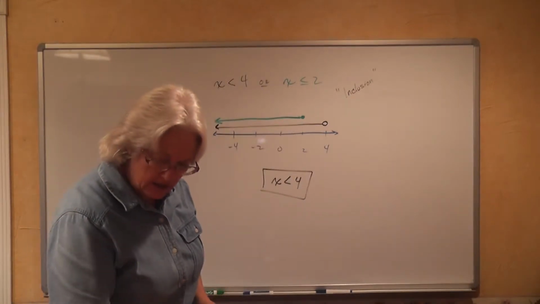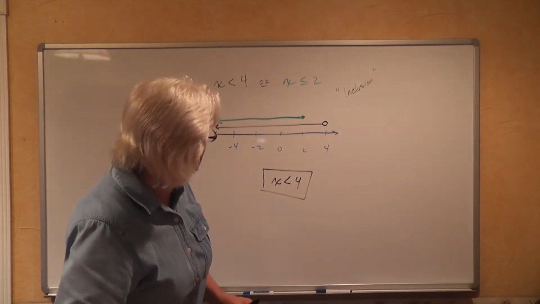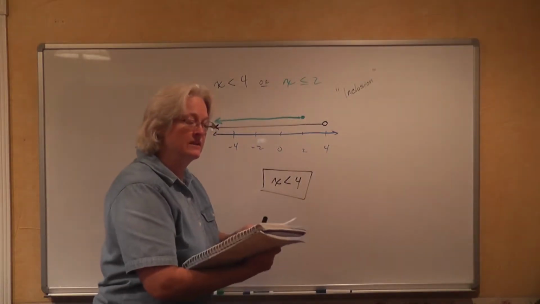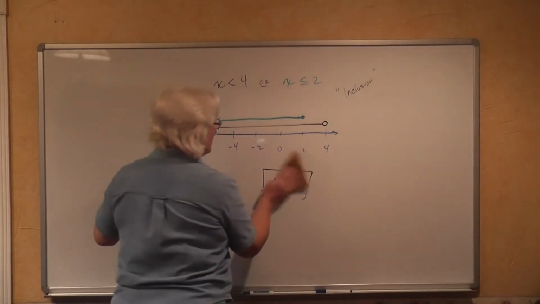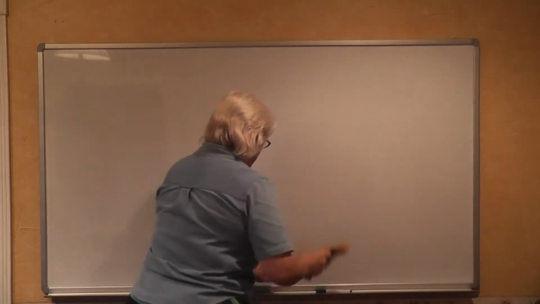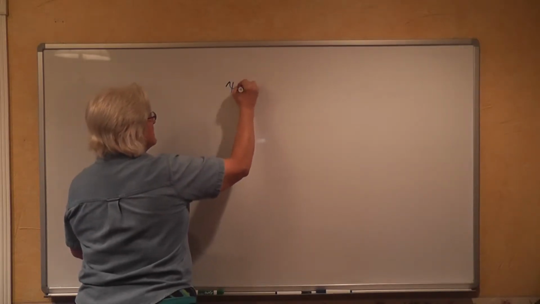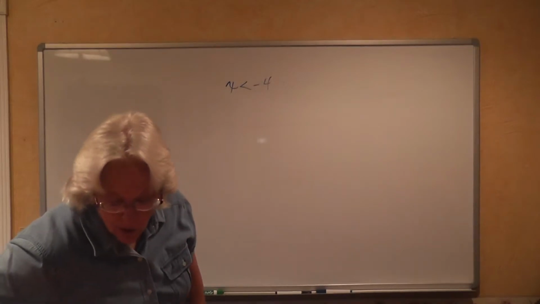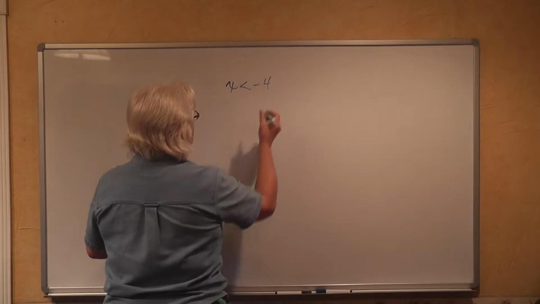Let's go ahead and look at page 198 and see what our second example says. We have x is less than -4, or x is greater than -1. So let's see what we have now.